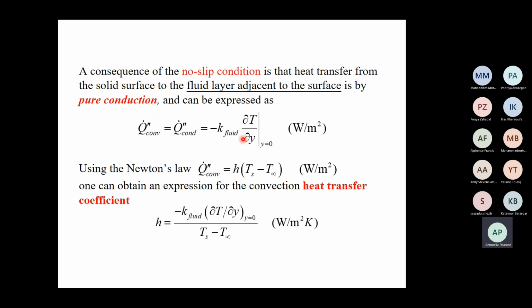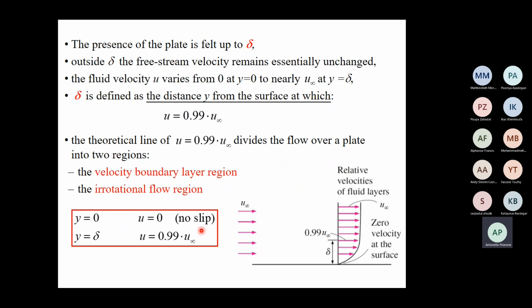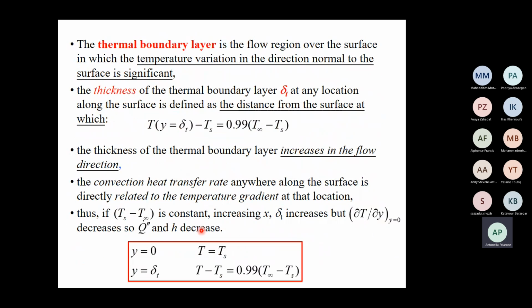So if this one decreases, also the heat flux decreases, and if this one decreases, also the H coefficient decreases. That is what I write in this sentence. If I increase x, delta T increases, but the gradient at the wall decreases, and so the heat flux and the H decrease along the plate.